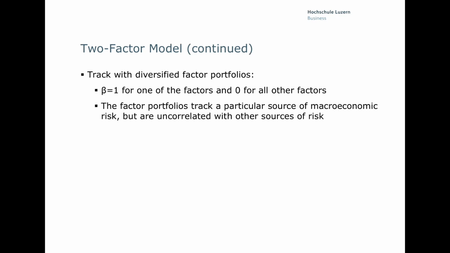That is, the returns on such a portfolio track the evolution of one particular source of macroeconomic risk, but are uncorrelated with other sources of risk. It is possible to form such factor portfolios because we have a large number of securities to choose from and a relatively small number of factors.